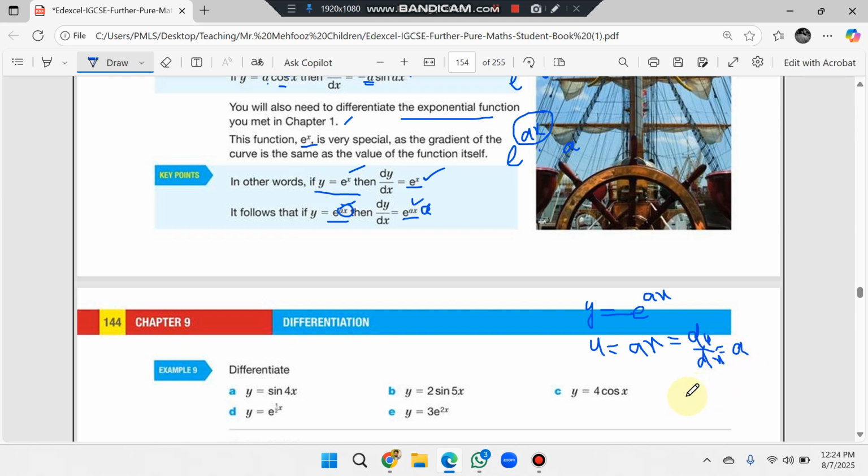Any problem? No. Okay, if you put the value of u into this, it becomes y is equal to e raised to the power u. So what is the derivative? Because you have learned that e raised to the power x is that function whose derivative is also the same. If you write it as dy by du, that is equal to e raised to the power u as well. Understand?